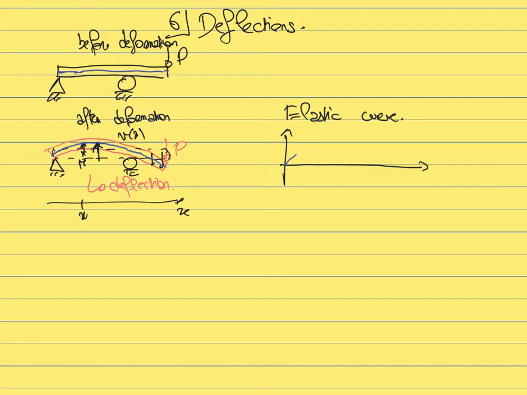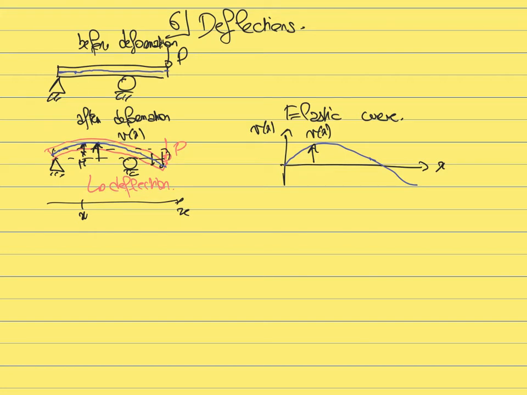If you plot this curve as a function of x, that gives you a function where at each point, the lateral displacement of the elastic curve is characterized by v of x. So that allows you to characterize the deflection of the beam at each point x.